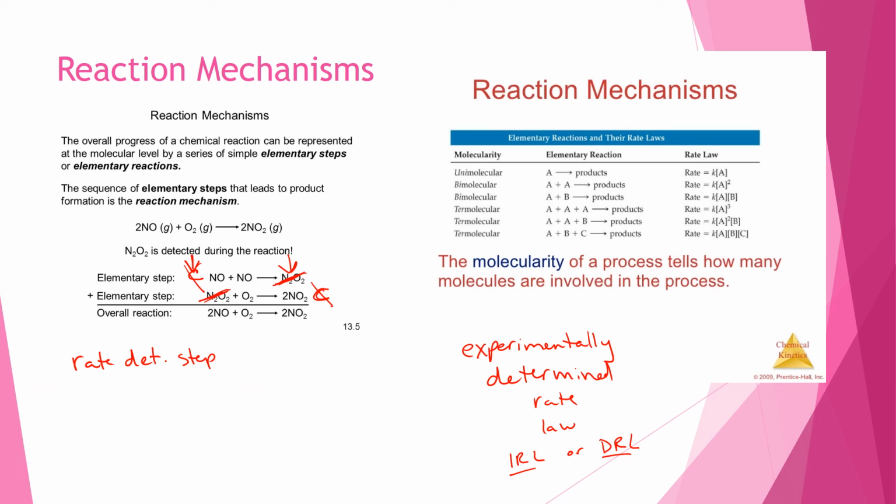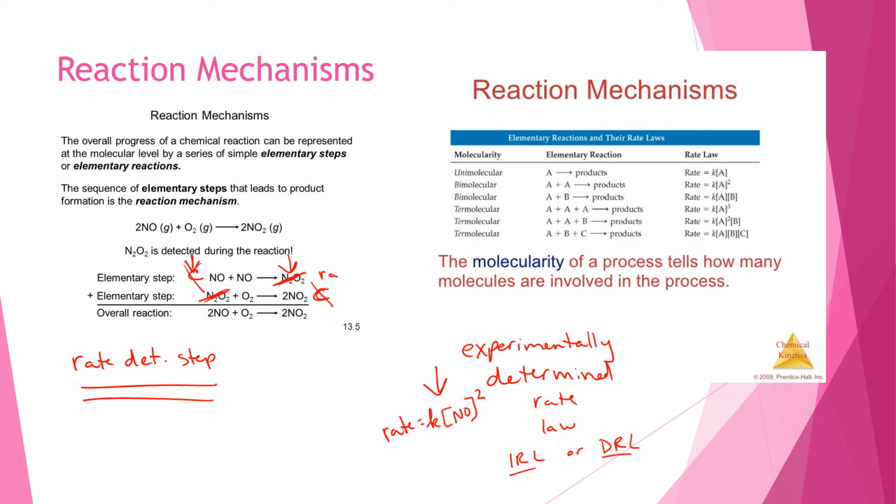And that rate law was rate equals K NO to the second order. In order to figure out what my rate determining step is, I have to match this experimentally determined rate law with the rate law from the mechanism. So I would write the rate law for each step.